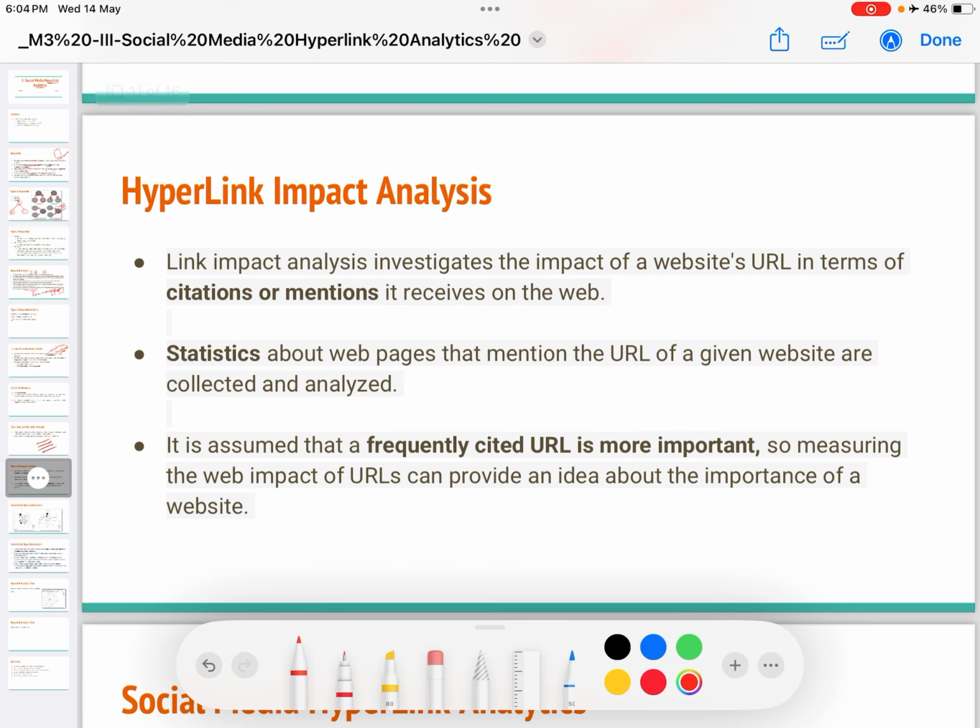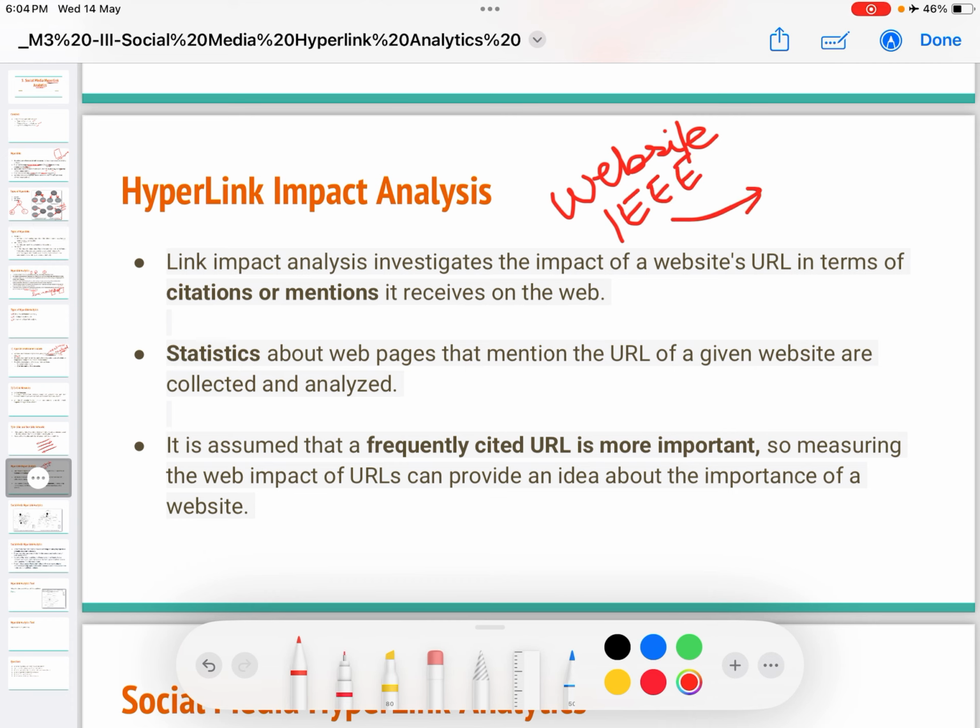Next type is hyperlink impact analysis. Link impact analysis investigates the impact of a website's URL in terms of the citations or mentions it receives on the web. So suppose there is a website, let's say IEEE. This IEEE website has many papers.